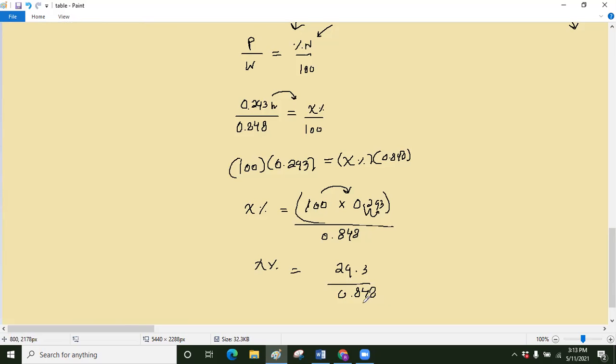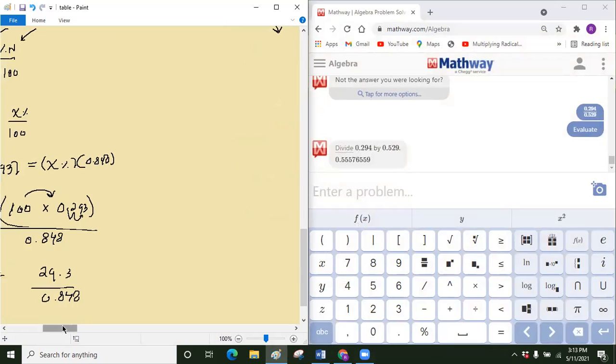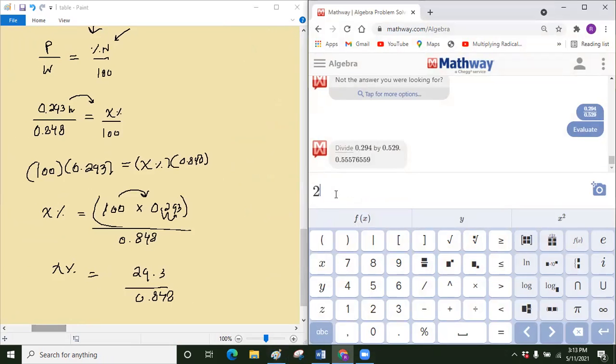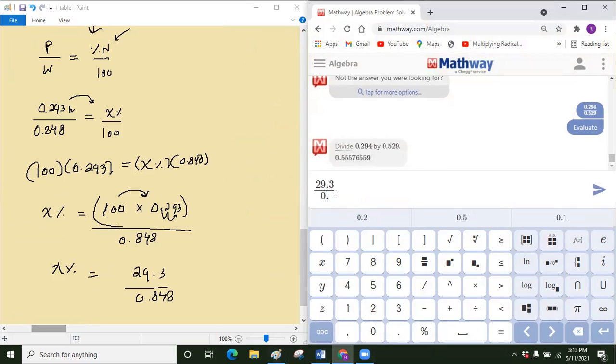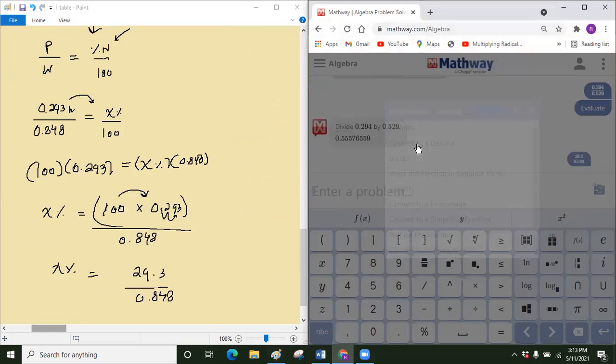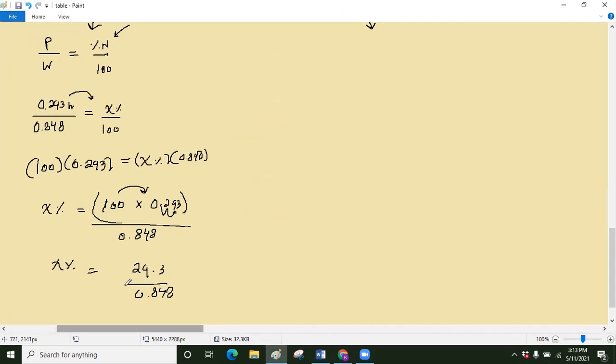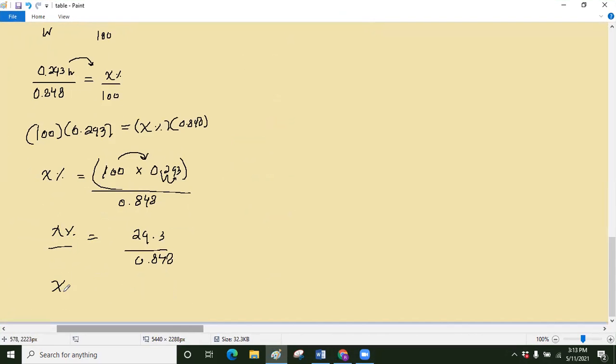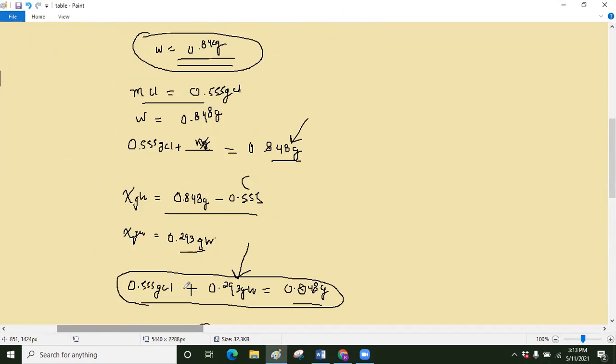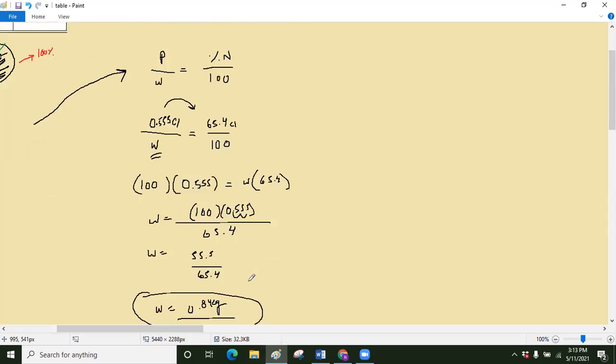And if you were to do this, let's see how much you get. You would essentially get 34.5 in terms of your percent. So your X percent in this case is 34.5%.